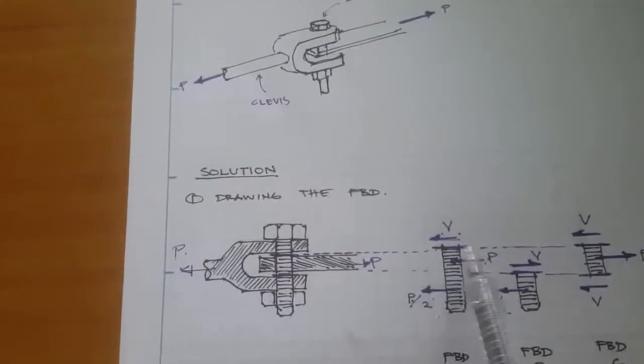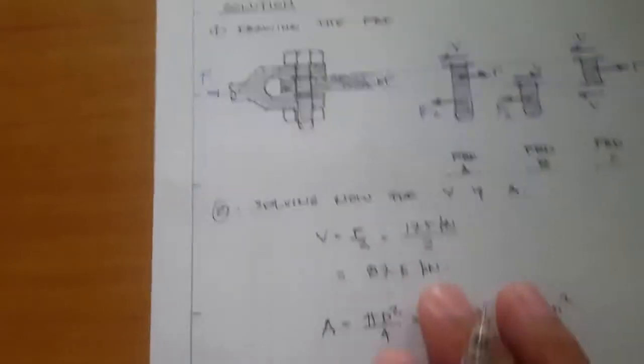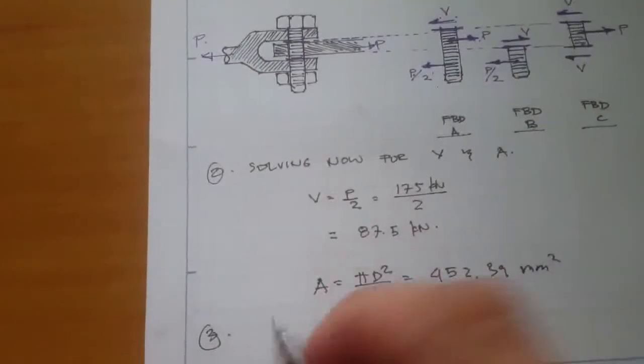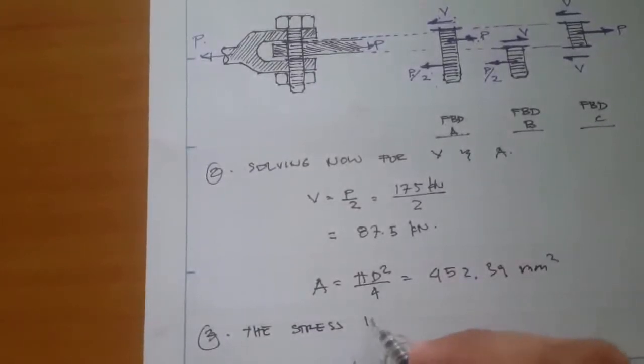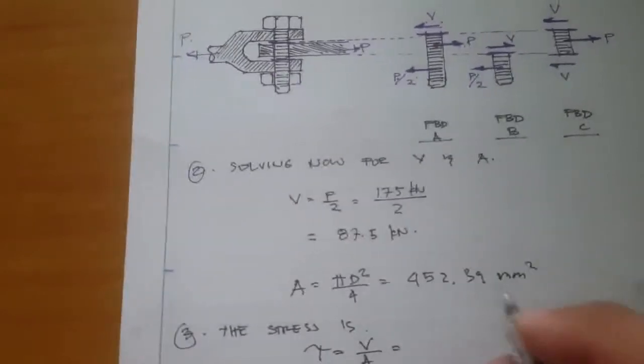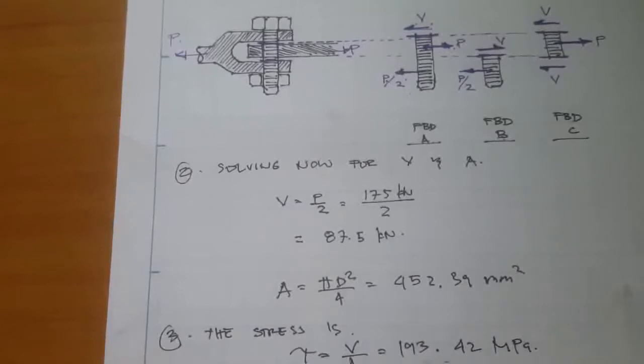That's the area of the section. If that's the case, then the shear stress is V over A, so this is simply 193.42 megapascals.